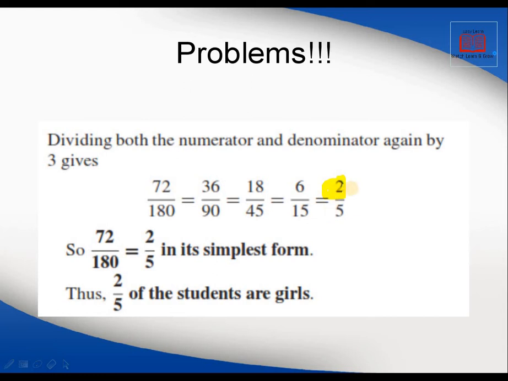You can see that 2 cannot be divided by 2 again, here 5 cannot go by 2, and we cannot go with 3 or with 5. So the prime numbers are exceeding. This is the simplest form. This form shows that in every 5 students there are 2 girls.